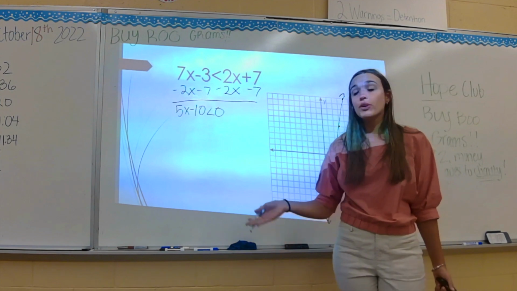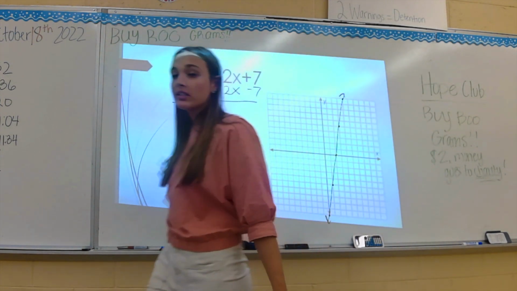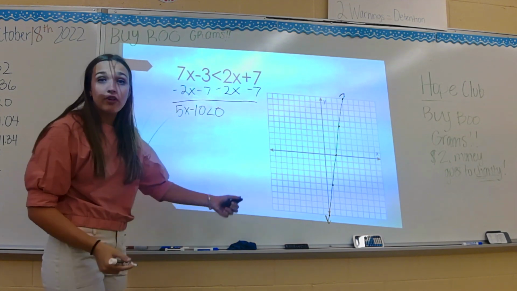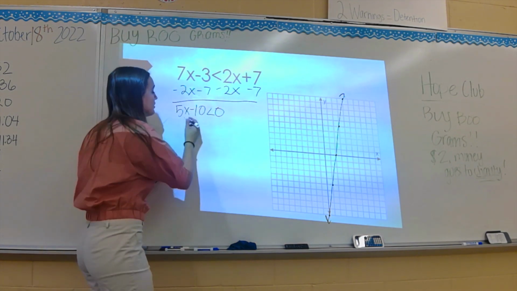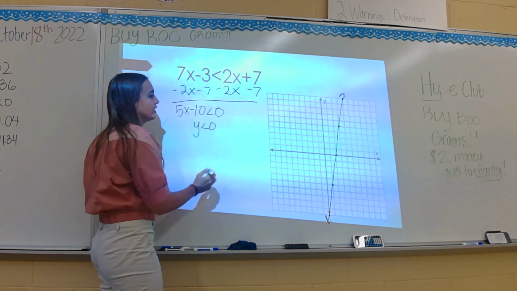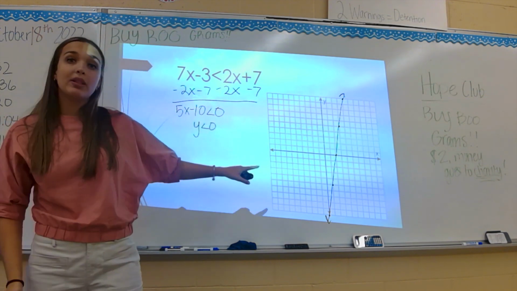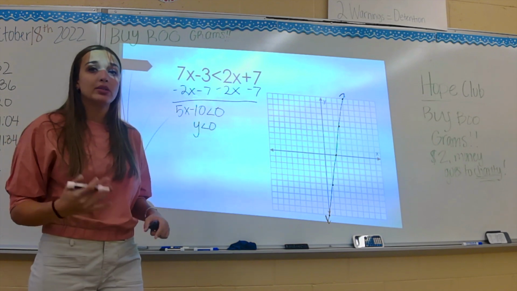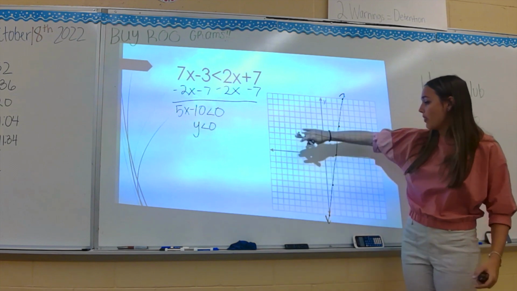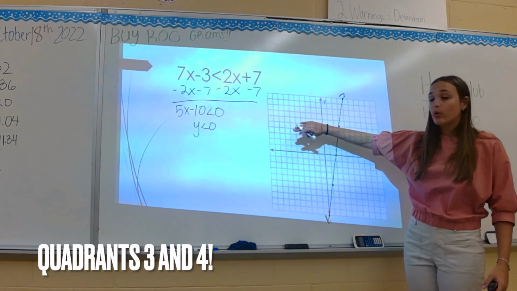Just like before, 5x minus 10 is the same thing as y equals 5x minus 10, because I graphed that on my coordinate plane. So instead of 5x minus 10, y is less than 0. I'm going to look at this coordinate plane and see where my y values are less than 0. Our y values are less than 0 on the bottom portion of our coordinate plane.